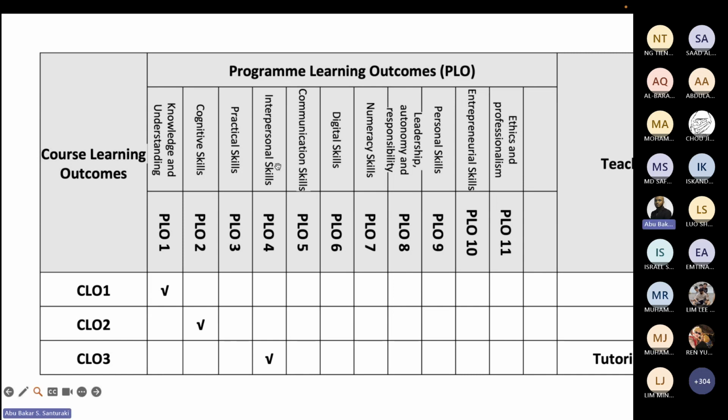Interpersonal skills, how you interact with other people. Kindness, compassion, respect, that's interpersonal. Then communication, how well you effectively communicate in written and verbal forms. Digital skills, the tools that you can use, the technology tools that you can actually use. Then you have numeracy skills, which is basically math, your ability to do mathematics well.